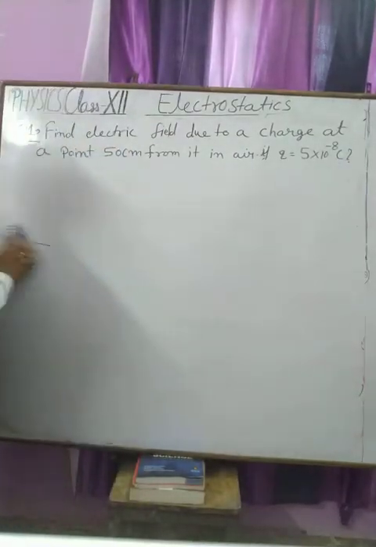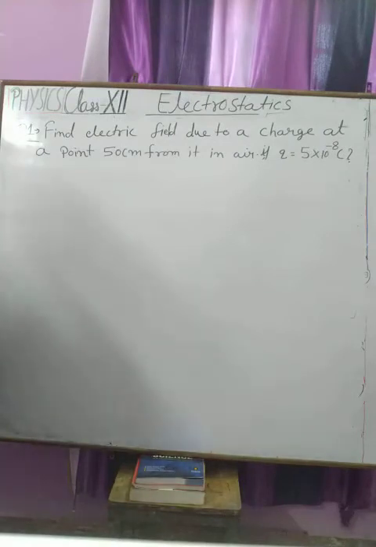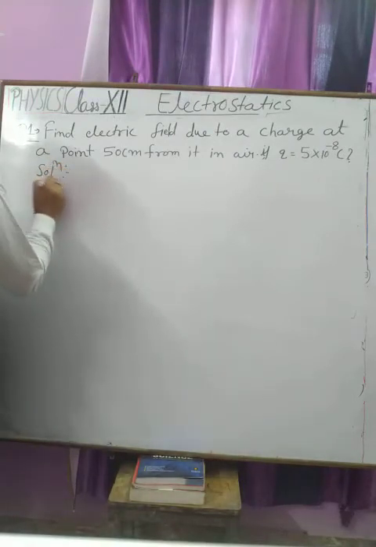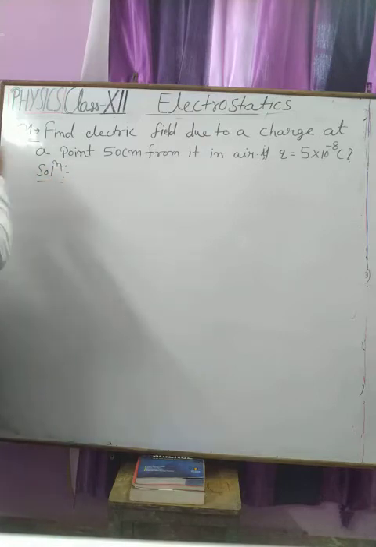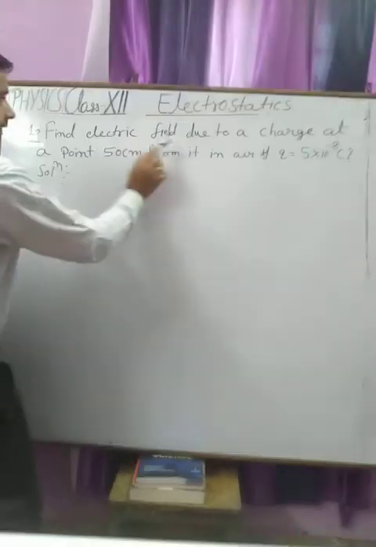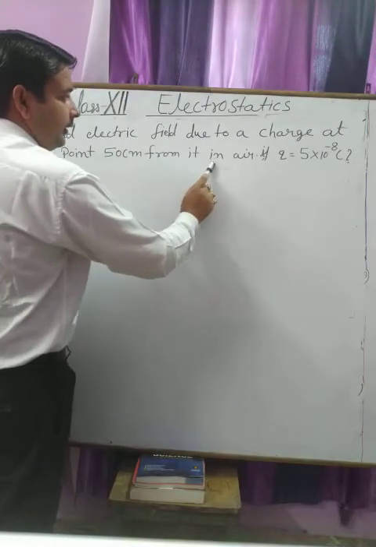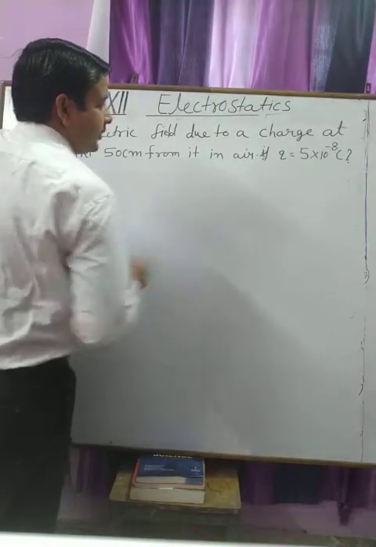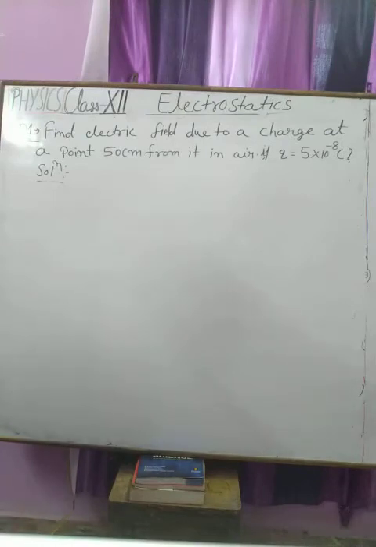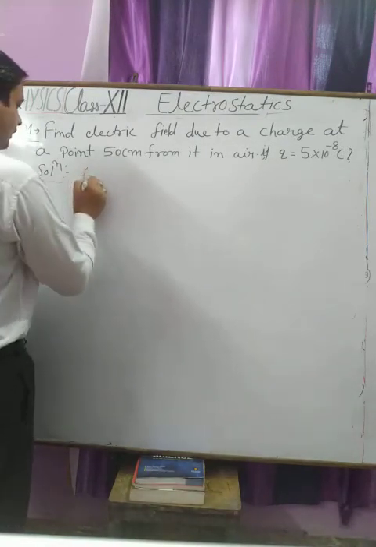That is problem number 5. In this problem, we have to find the electric field due to a charge at a point 50 centimeter from it in air if charge q is equal to this. Okay, so we have the same formula.